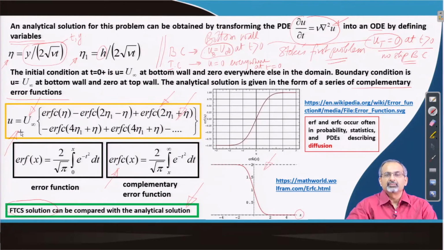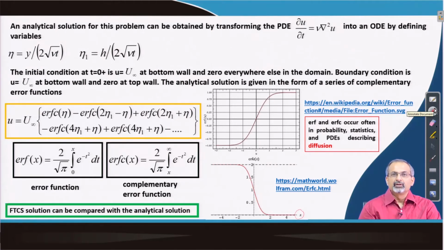This could be taken up as a good homework problem for which a small computer program may be written and then a comparison made. We need to remember that the error function or the complementary error function are of extremely high importance in different domains like probability, statistics, partial differential equations, especially when we are discussing diffusion phenomena.